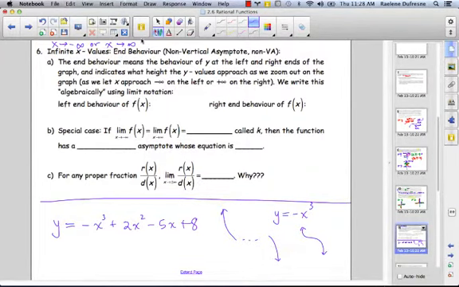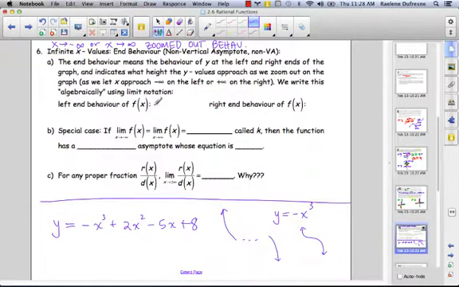We are looking at end behavior, and another way to refer to end behavior is the zoomed out behavior. The end behavior means the behavior of y, the height of the graph, at the left and right ends of the graph. So the left end is x approaching negative infinity, and the right end is x approaching positive infinity. The end behavior indicates what height the y values approach as we zoom out on the graph.